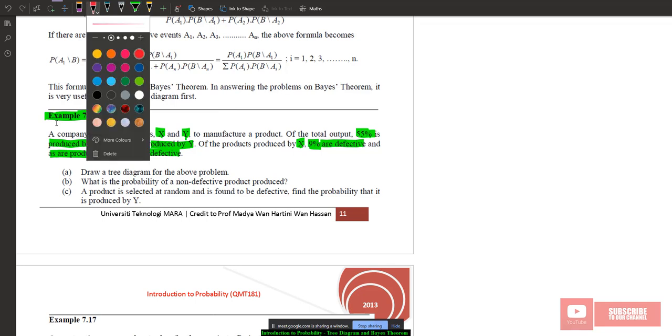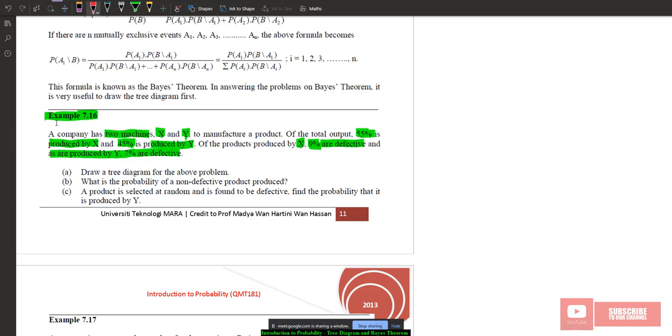So first you need to understand the statement. We have 2 machines, X and Y. The total output of X is 0.55, so this is the probability of X, right?